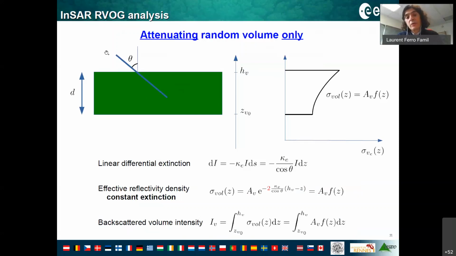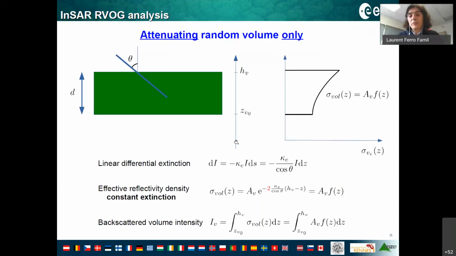When you propagate along a given direction, the loss in intensity along this path is proportional to a factor called the extinction, to the original intensity when you enter the volume, and to the length of this path. So the larger the original intensity, the larger the losses, which we can understand easily, and the longer the path, the larger the losses.